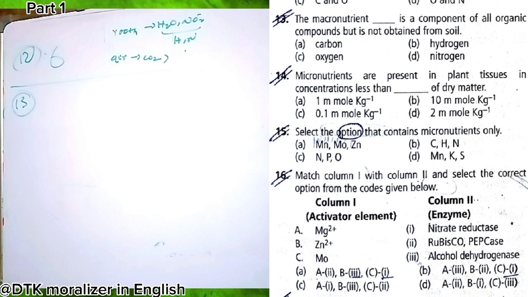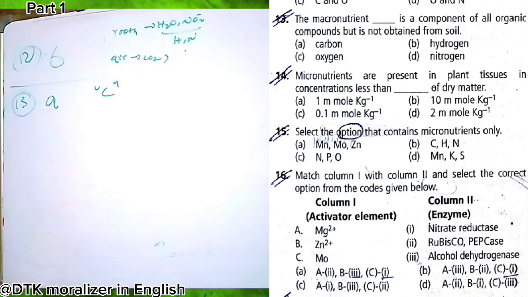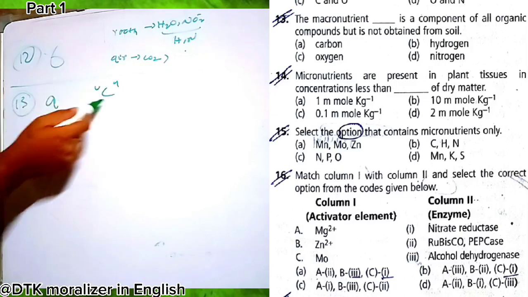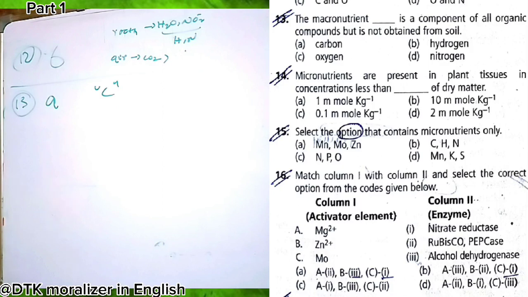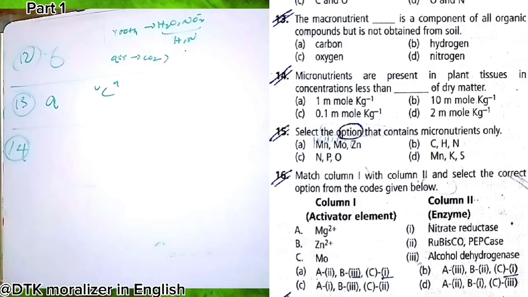So here option A, carbon. Carbon is right because it is constituted in so many organic compounds but it is not absorbed from soil by roots. Now question number 14.